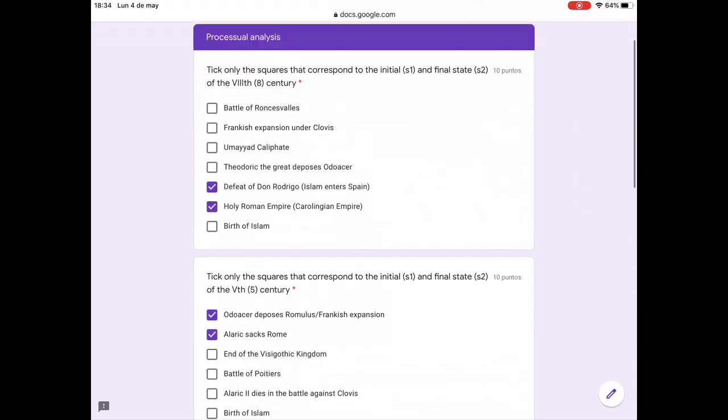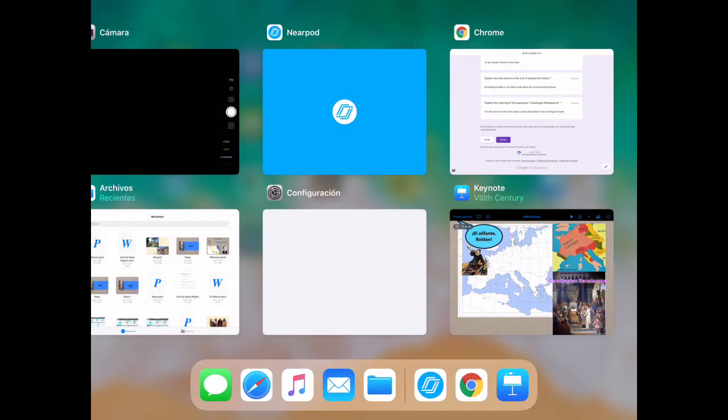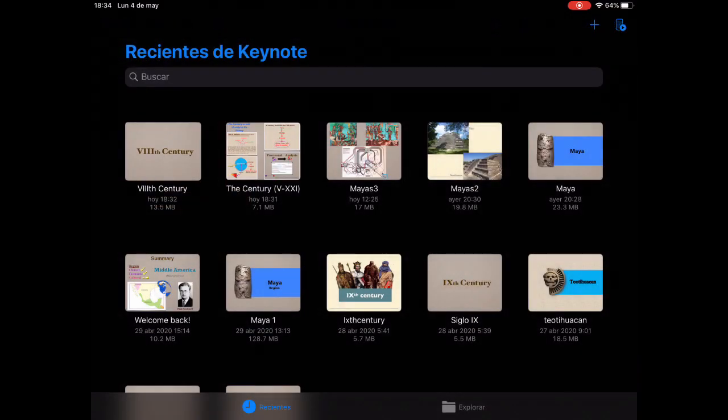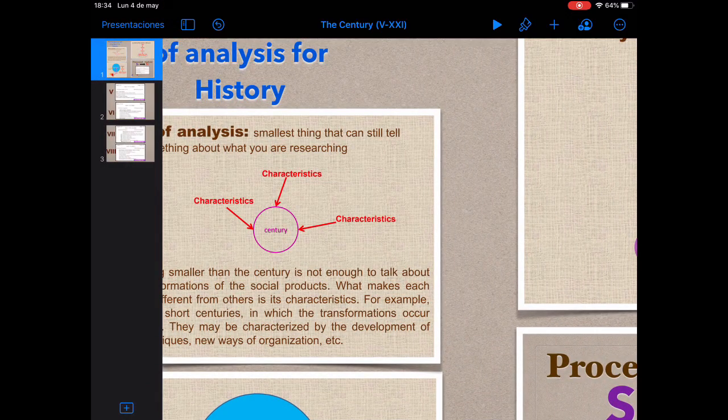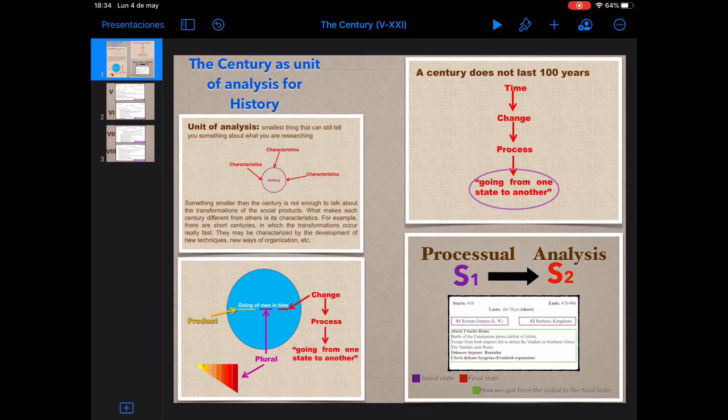So these were basically all the answers. They were, as you can see, really, really easy. And all you had to do is, as I told you from the beginning, pay attention to your document about the centuries that you have in Google Classroom, of course. Remember that you also have a summary, a video that summarizes all of these things on YouTube that I sent you.